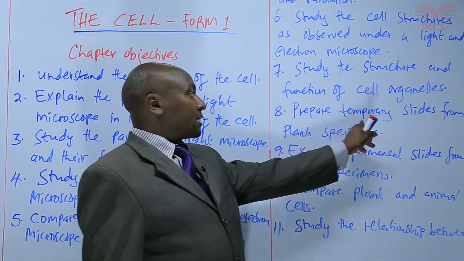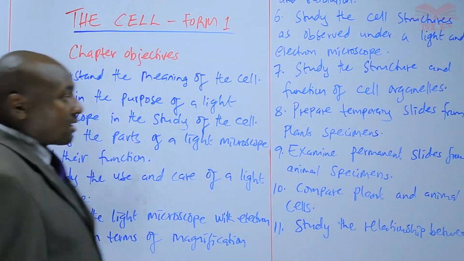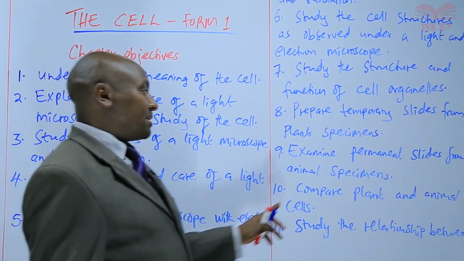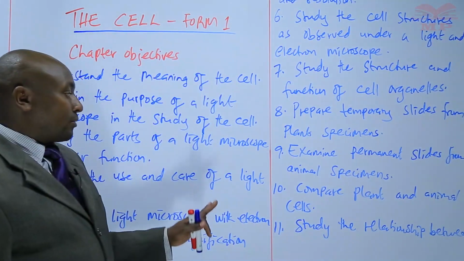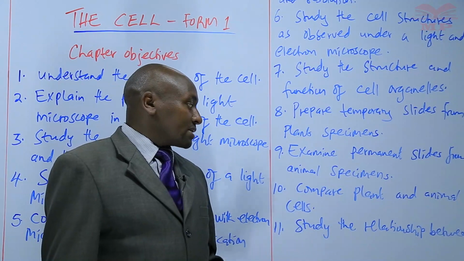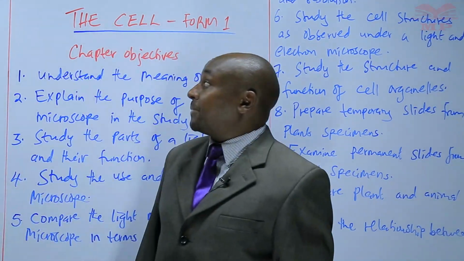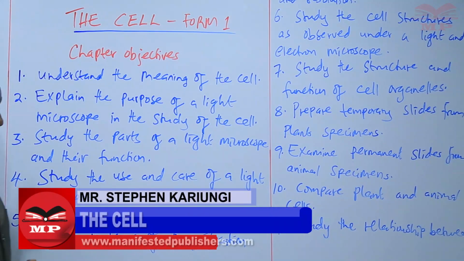We don't prepare temporary slides from animals. We only prepare them from plants. For animals, we'll examine permanent slides. We'll see them. And then we'll compare plants and animal cells. And then finally, we'll study the relationship between cells, tissues, organs, and organ systems.